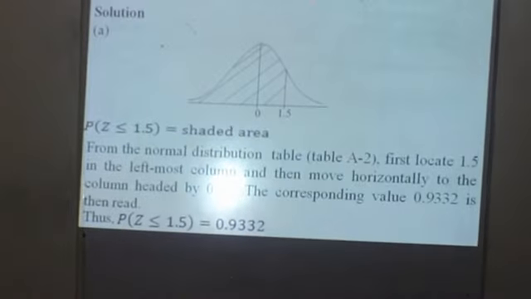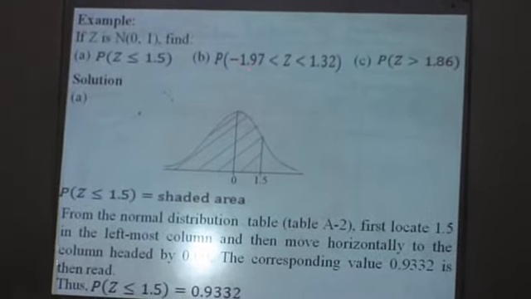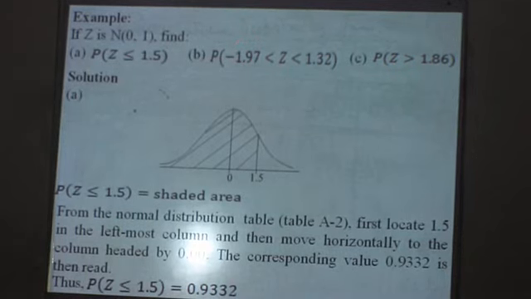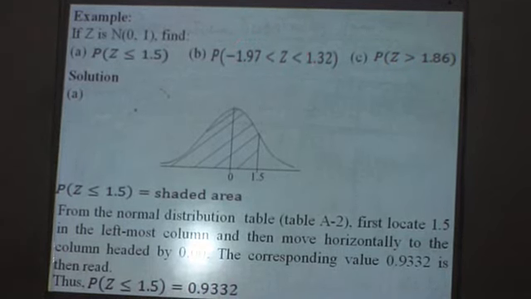Now let's move on to the second problem, or the second example. We are to find the probability of Z lying between negative 1.97 and 1.32.